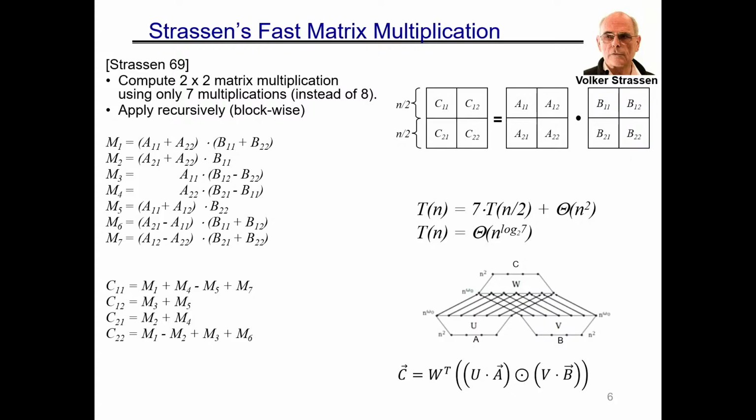What you see here is a graph representation of the same computation, the arithmetic circuit. These are the inputs. The U and V matrices represent the linear combinations of the A and B inputs. Then there's pairwise multiplication, and then an additional linear operation represented by the W matrix, and this is the matrix representation of the same computation.